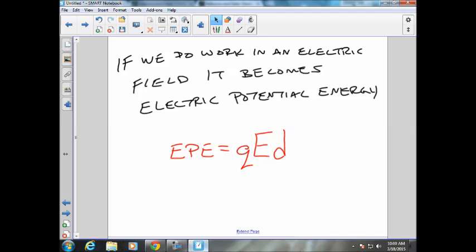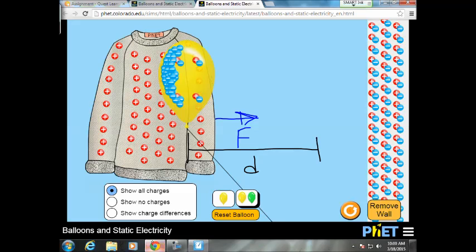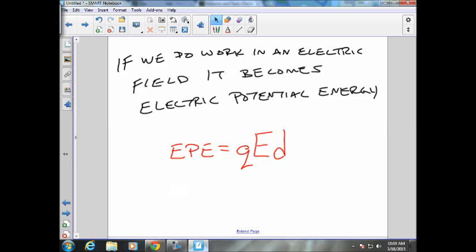Now another way you can look at this, going back to our drawing here, the force that we apply times the distance that we move. Well, the force that we apply is the amount of charge multiplied by the strength of the electric field. This piece right here is the electric force. Most of the time, though, people don't talk very much about electric potential energy except in terms of how much potential energy is there and how much charge did you actually move.